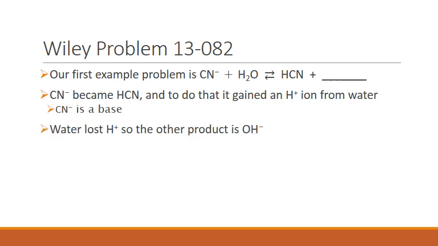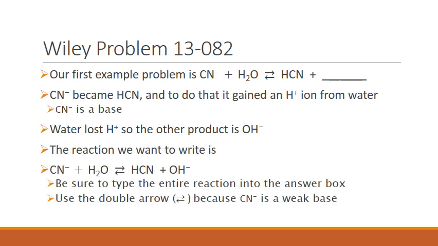Water lost an H+, so the other product has to be hydroxide. The reaction we want to write, CN- plus water in equilibrium with HCN plus hydroxide. Be sure to type the entire reaction in the answer box, and we need to use a double arrow because CN- is a weak base.